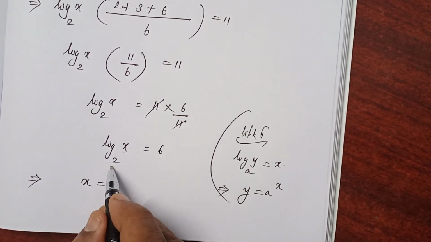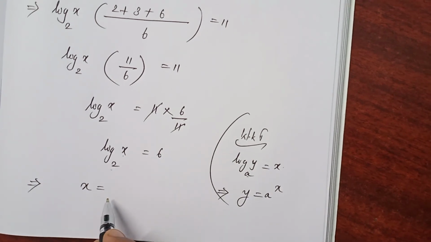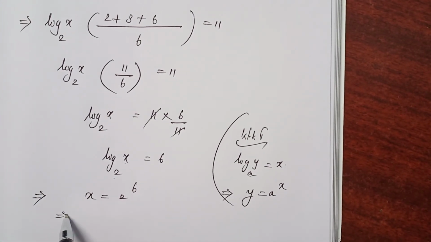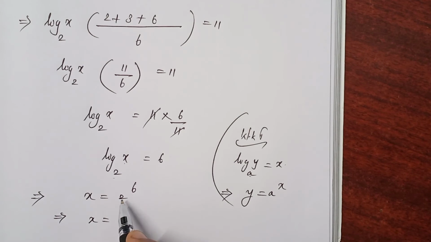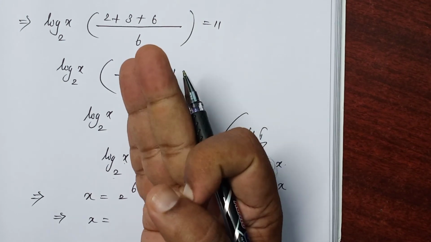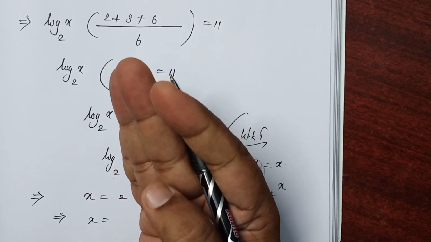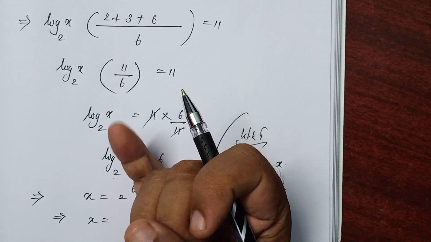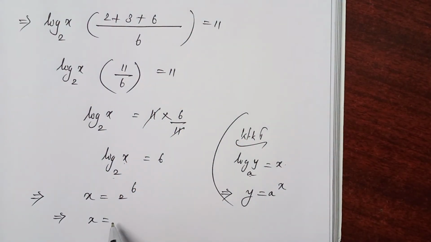A power x becomes 2 power 6, okay? 2 power 6, which implies x equals 2 power 6 means 2 should be multiplied for 6 times. 2 2s are 4, 4 2s are 8, 8 2s are 16, 16 2s are 32, 32 2s are 64. So x, that is equal to 64.